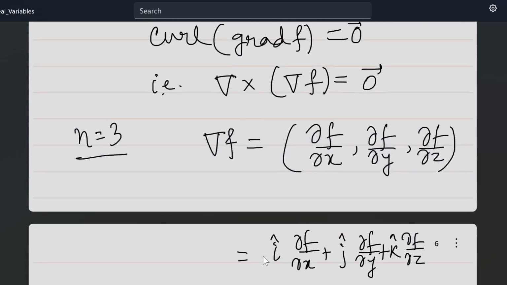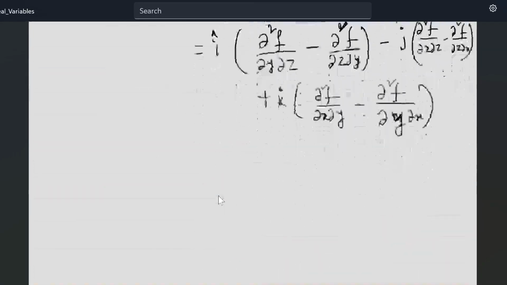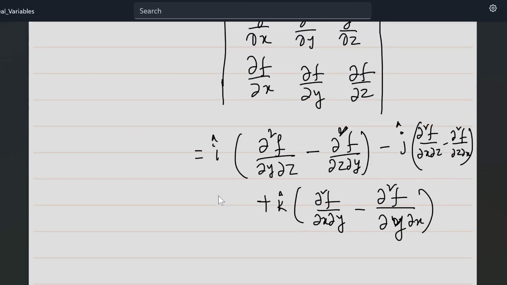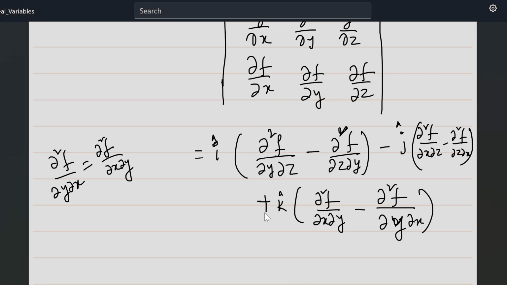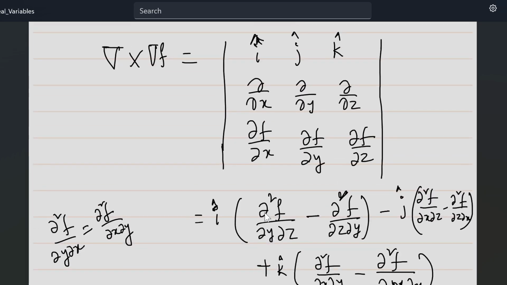But here it is given that f is a differentiable function. So you know Clairaut's theorem, it says that you can interchange the order of these derivatives, it is possible, right? Yeah, the function is continuously differentiable everywhere. But that is given in the question, I think. If it is any differentiable function, you can assume that. Otherwise, you cannot write this curl.